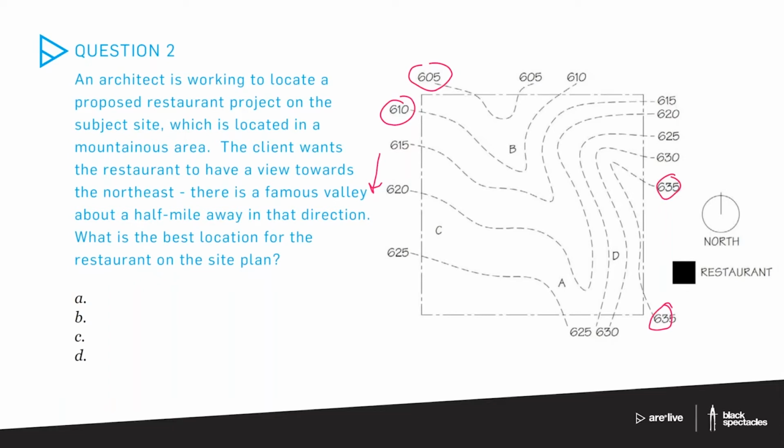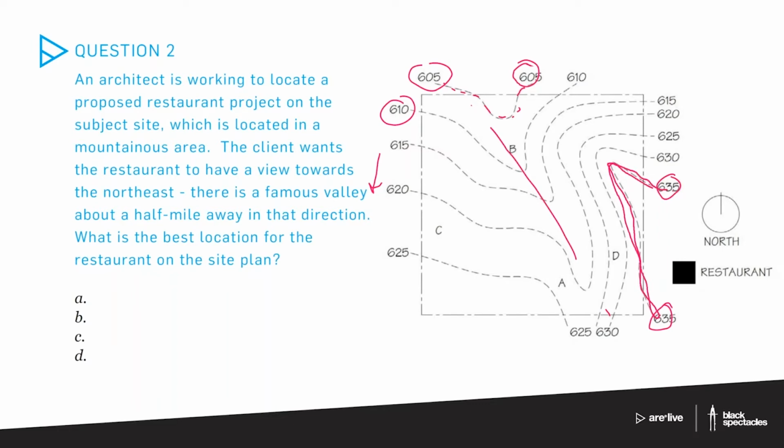And 605, which we have 2 of here, is the lowest number noted on this map. So generally you can say this site slopes from this high point up here downward and towards the northwest, towards this low point here. So we've got a site that slopes generally that way.